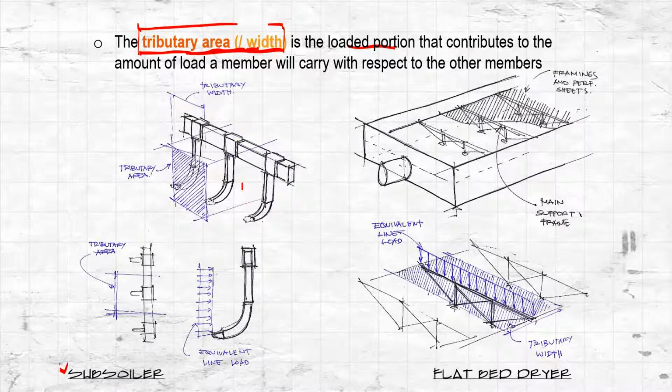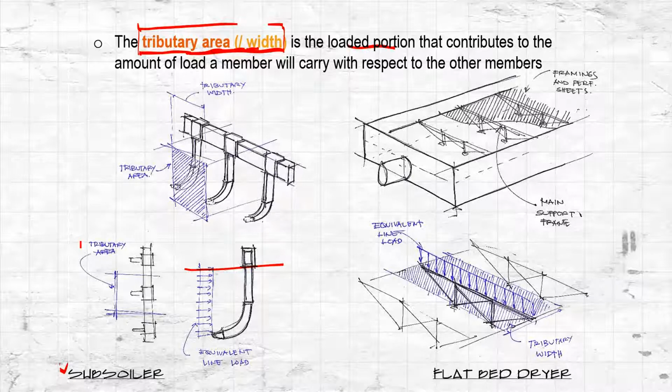Okay, so my question is, how do we know how much load each will get? The concept of tributary area is useful for this analysis. For example, imagine that this subsoiler is submerged in a soil.